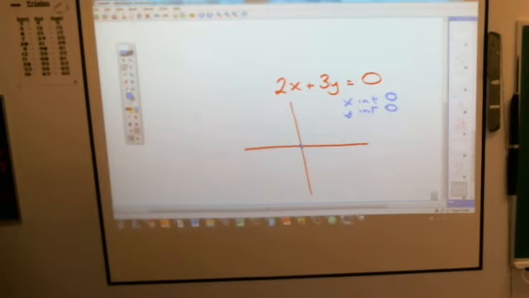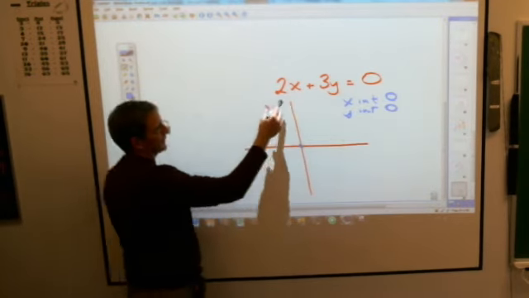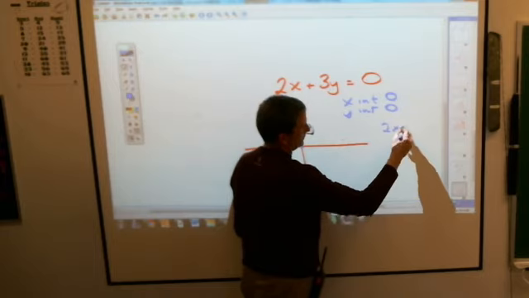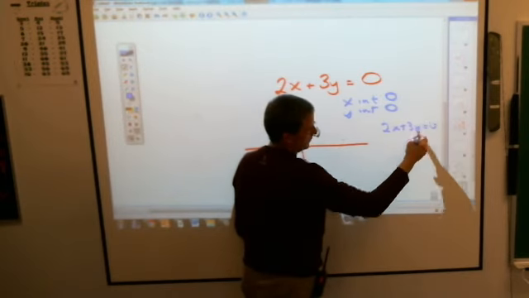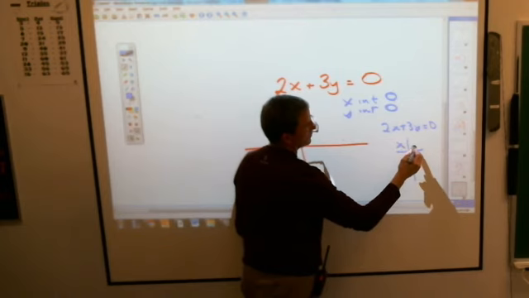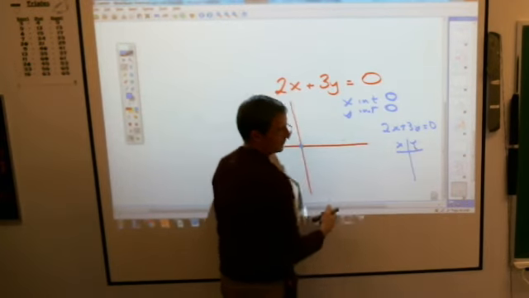Ladies and gentlemen, if that is the case, then unfortunately you're really left with nothing else other than making a table and finding 1 more point. If you have 2x plus 3y equals 0, I'll just do 1. Let's say x, y, and I'm going to pick one that works.